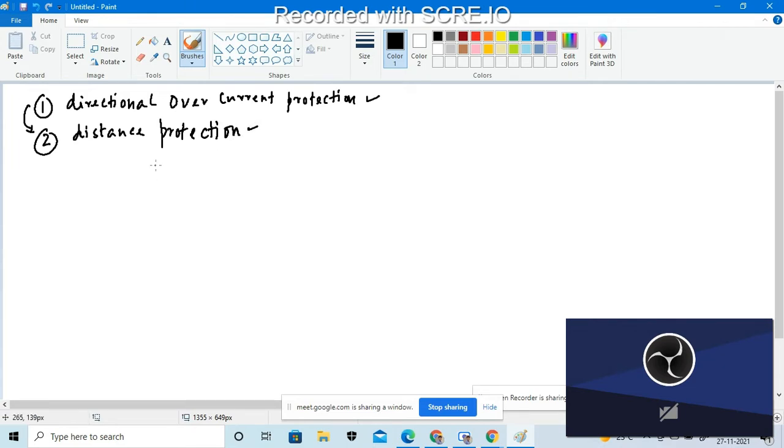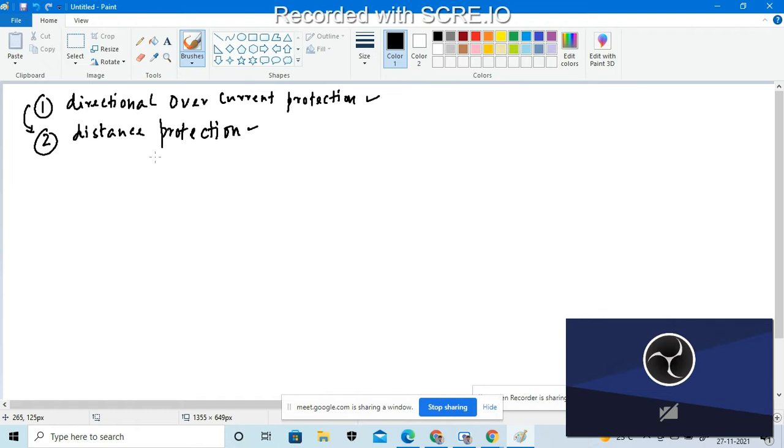For that we will consider a simple radial distribution system, which has a single source, fed from a single source, and we have to measure the apparent impedance at the particular sending end. If the sending end has a load connected, what will be the behavior of the distance protection relay?